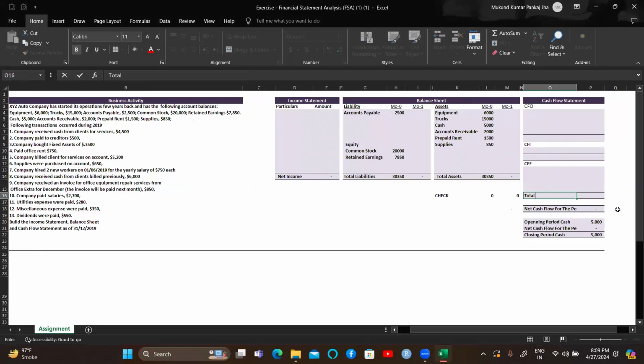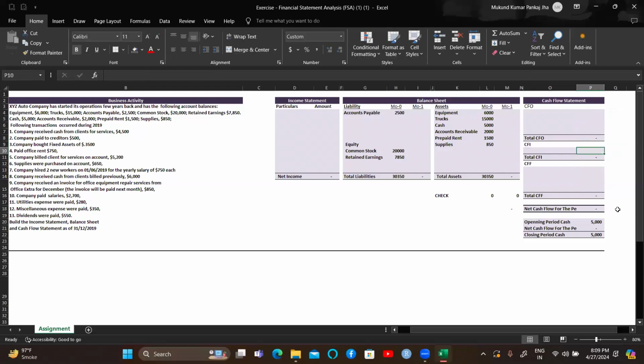Total CFF is sum of this, total CFI is this, and total CFO is this.